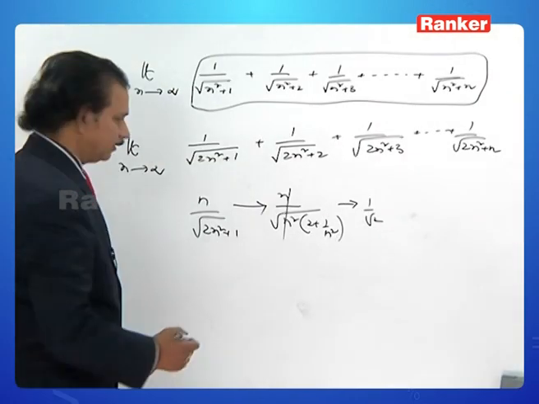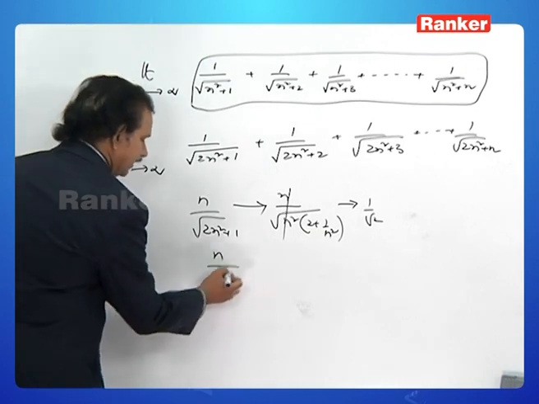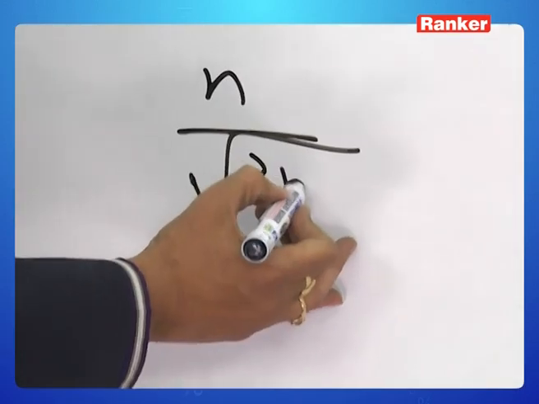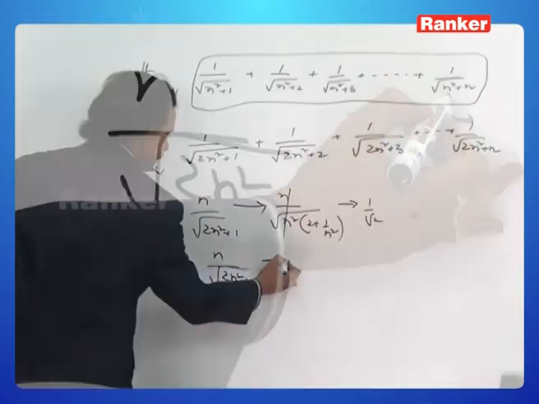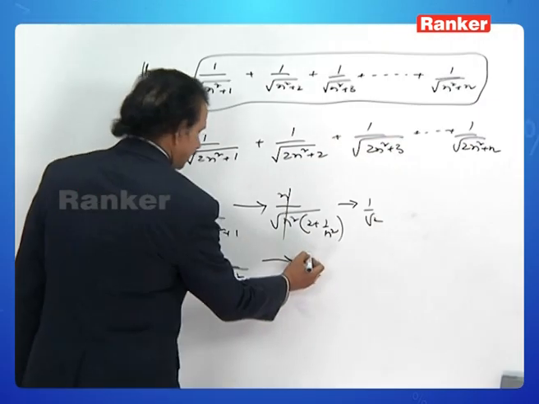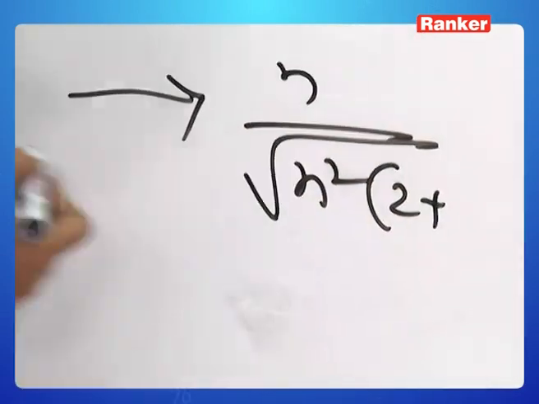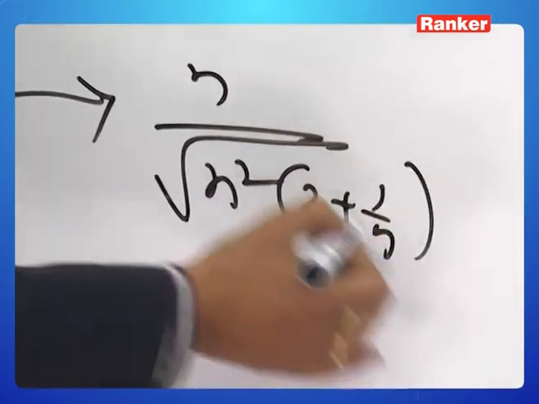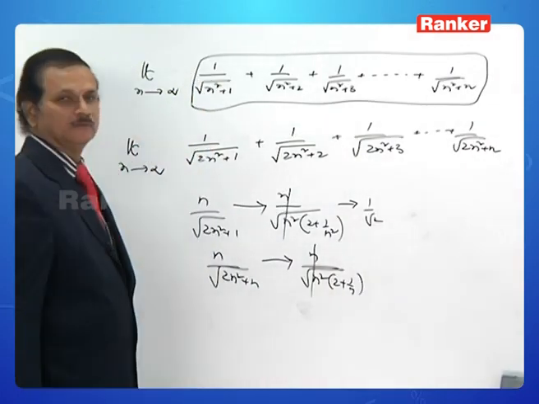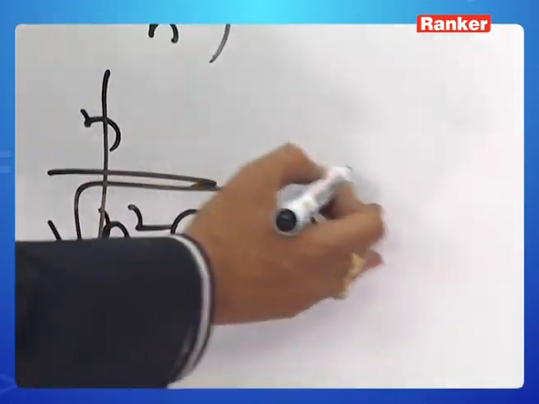Well, the last one with n is n by root 2n square plus n, which tends to n by root of n square into 2 plus 1 by n. The n and n square go away. Again it tends to 1 by root 2.